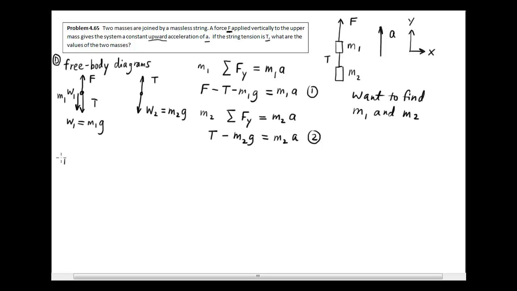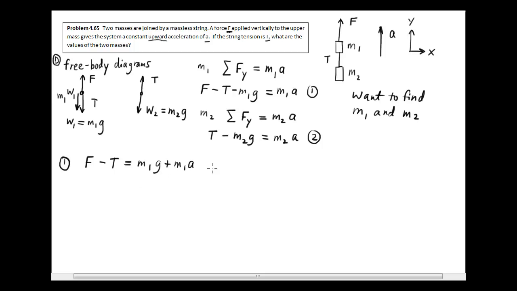So from equation 1, let's just get the two m1 terms together on the same side of the equation. And I can get that by adding m1g to both sides, which gives F minus T equals m1g plus m1a.